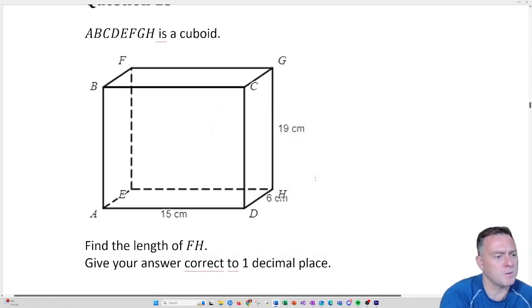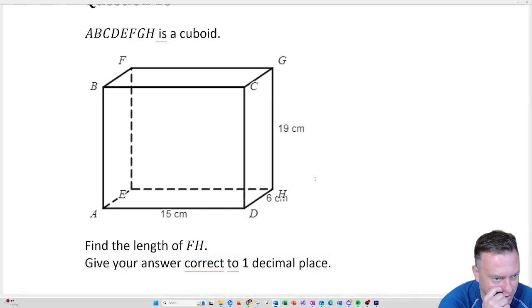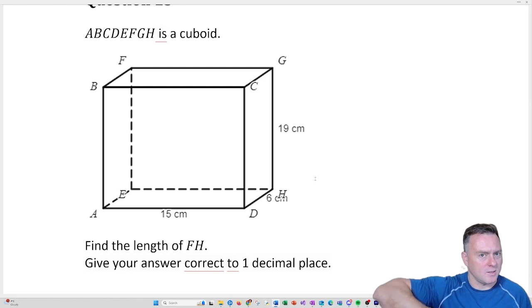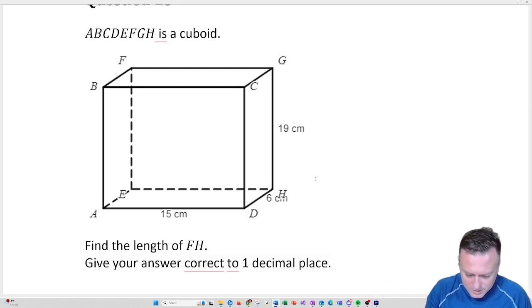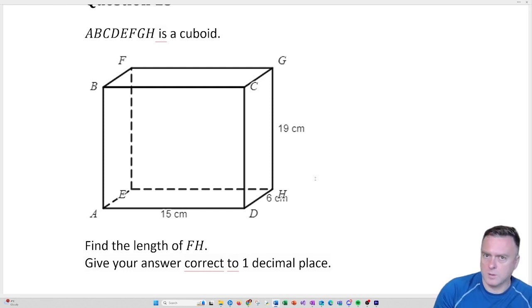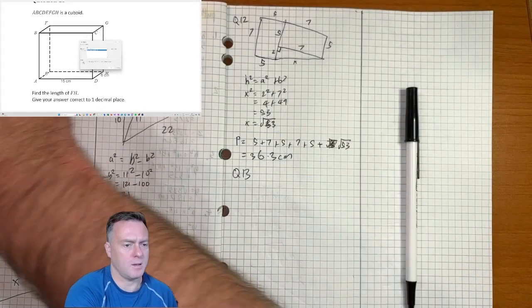So then this one, we go cuboid, find the length of F to H. So that's the back wall. You know, the front distance is 15, height is 19, so we've got a little right angle triangle there. So let's jump on in.